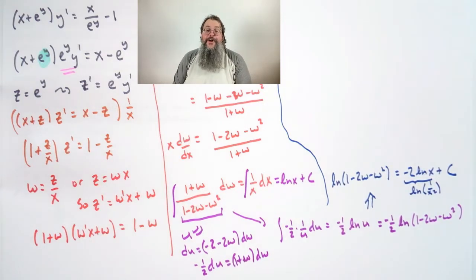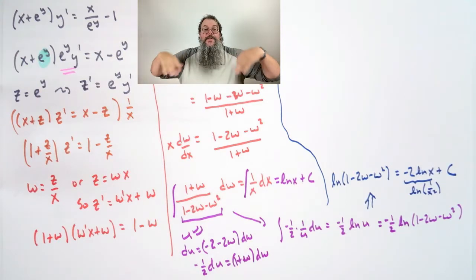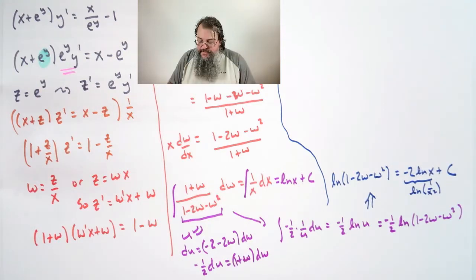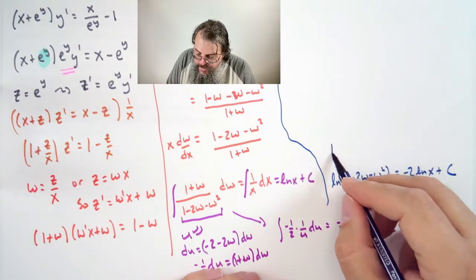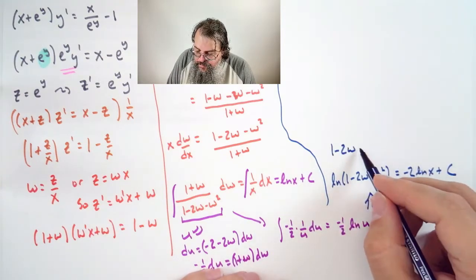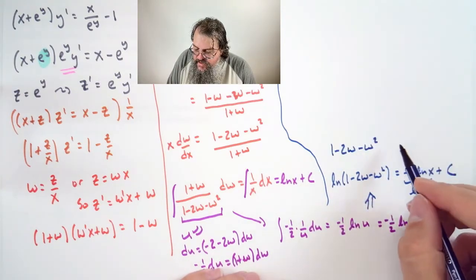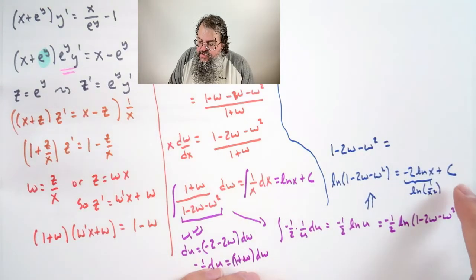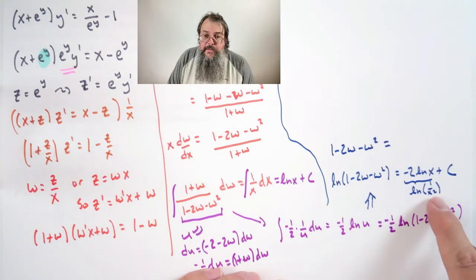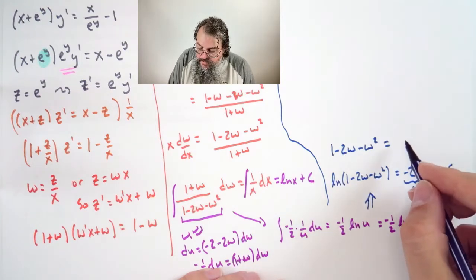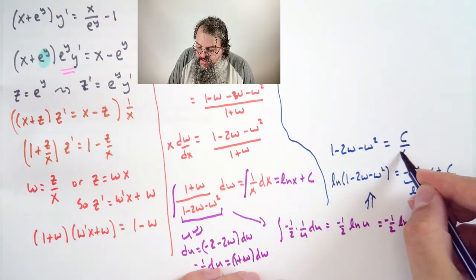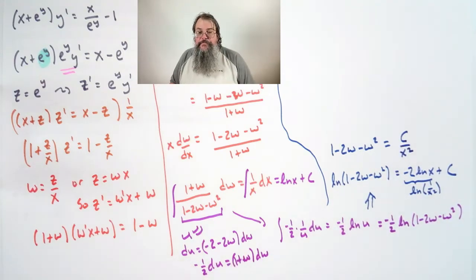And now we're like, all right, good. Take both sides, put it into the exponential function, and we get 1 minus 2w minus w squared is equal to, and here, e to that constant will become a constant multiplied by e to the log of 1 over x squared, which is 1 over x squared, so some constant over x squared.